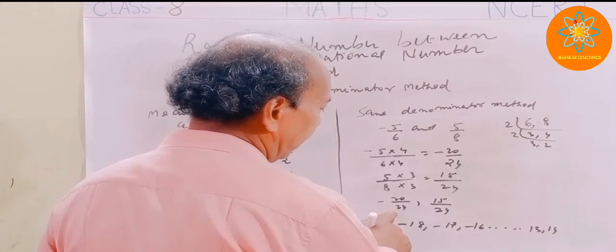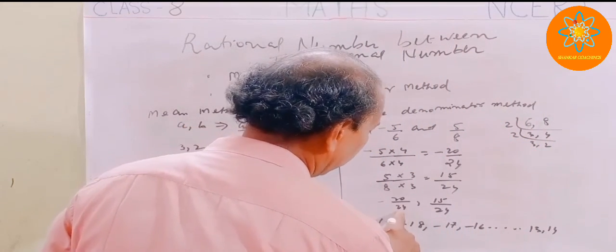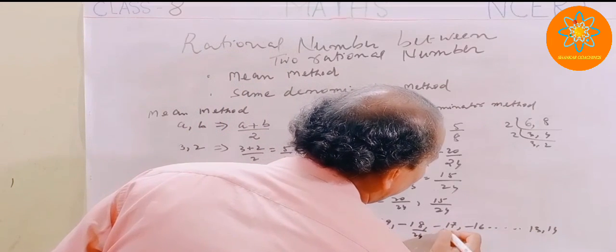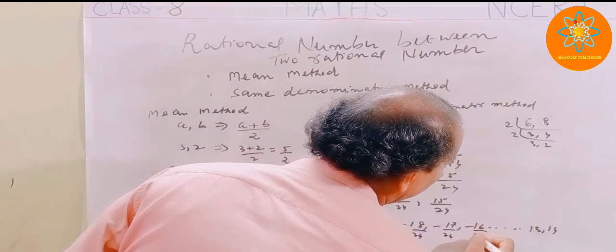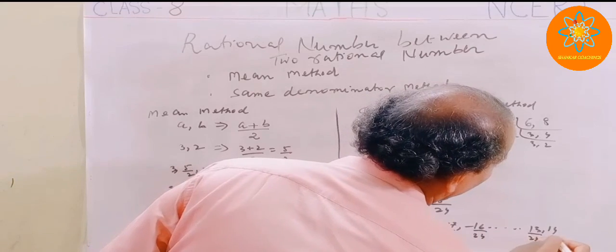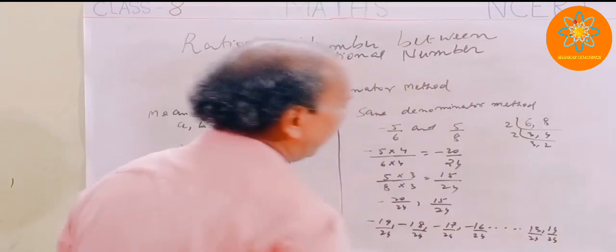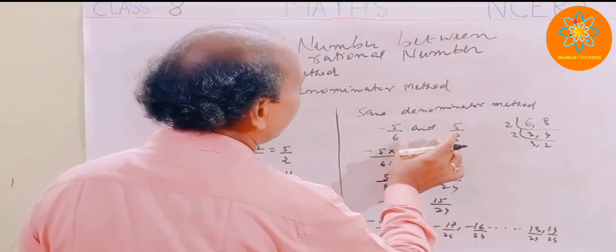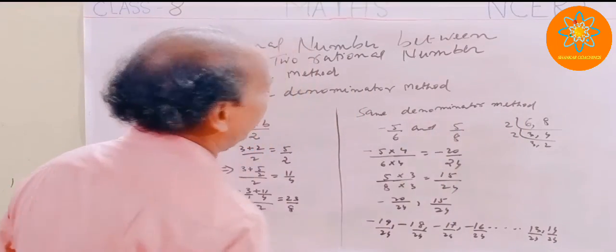Just divide each by 24 because 24 is in every denominator. So these are the numbers between minus 5 by 6 and 5 by 8.